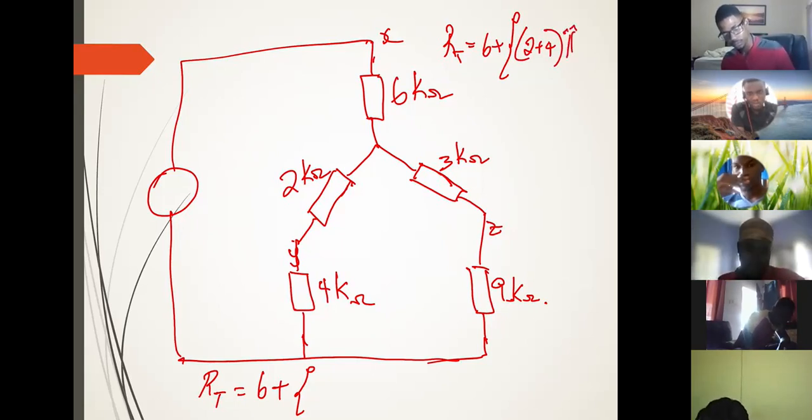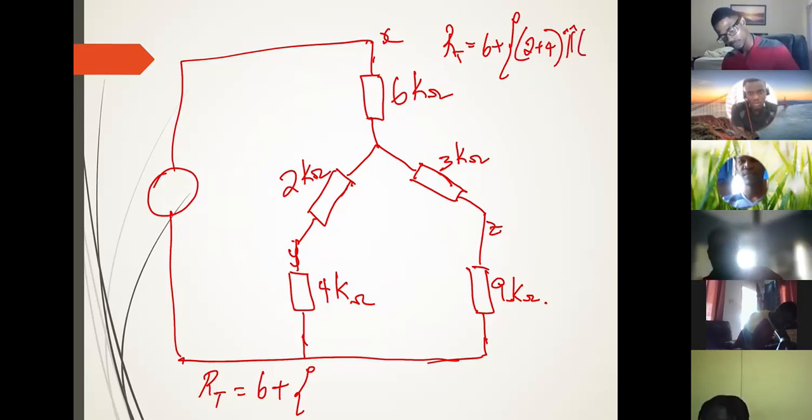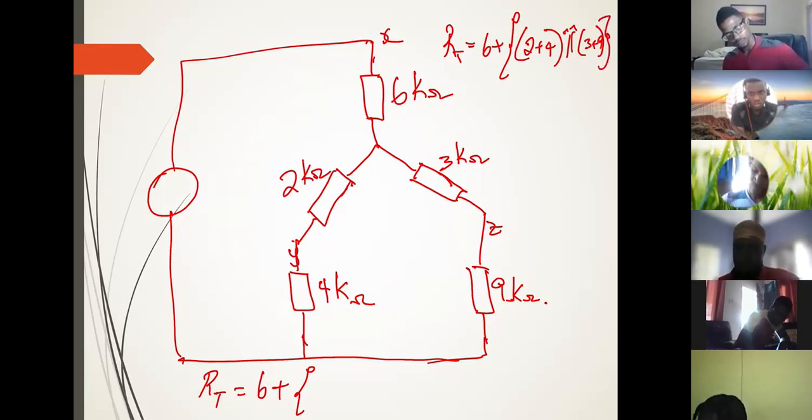In parallel with the rest of the circuit, which is 3 plus, you'd have to open another bracket, 3 plus 9. That's what I need to see. So it's 6 plus open bracket 2 plus 4 close bracket in parallel with open bracket 3 plus 9.